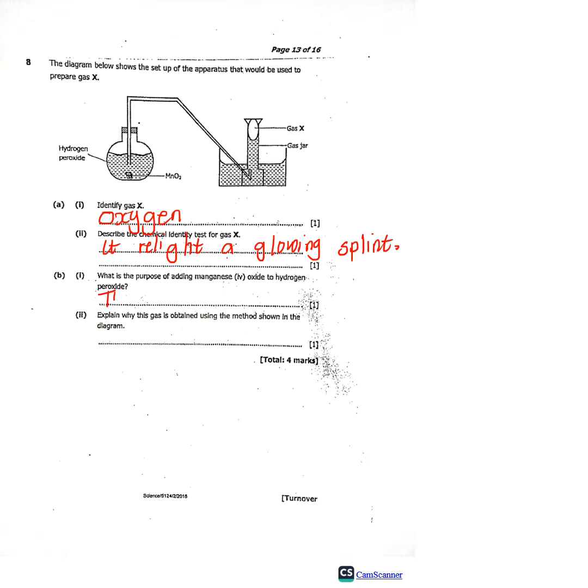To speed up the chemical reaction, or we are just saying it is acting as a catalyst. Then explain why this gas is obtained using the method shown in the diagram. You can see that this is downward displacement of water because it is less soluble in water.